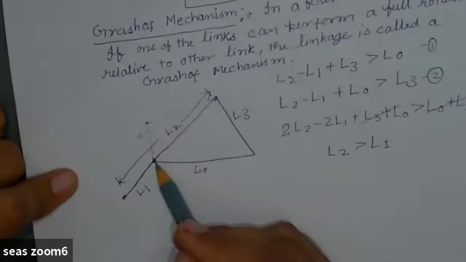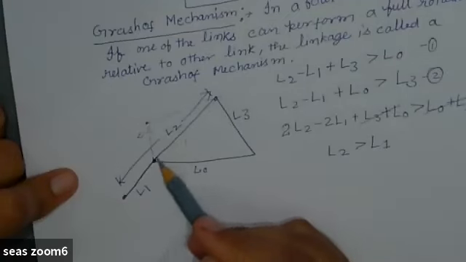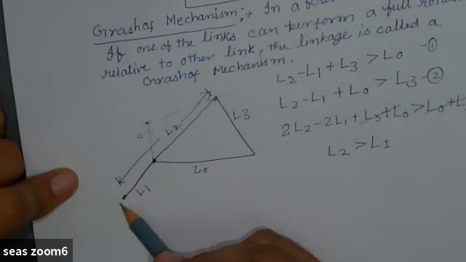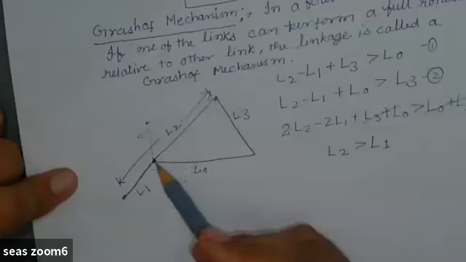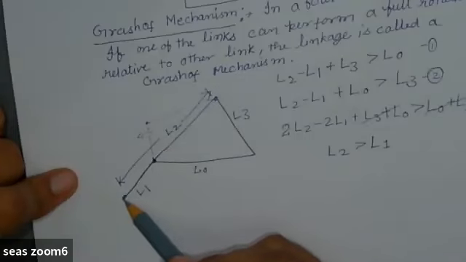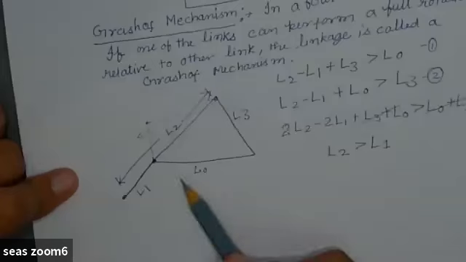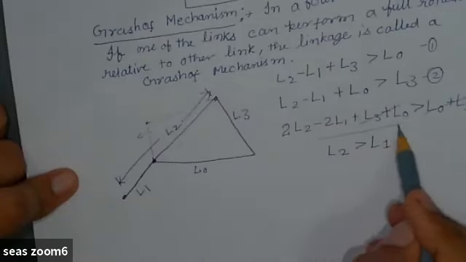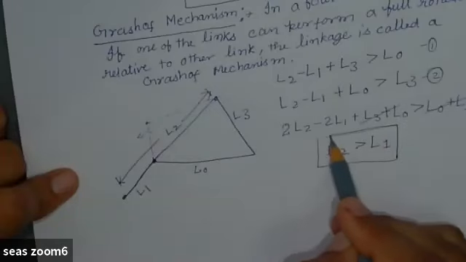Rotation is only possible when this condition is happening. It means that collinearity happens in this limiting condition, and this link L2 can come to this point and this L1 can take a full rotation. This will only happen when L2 is greater than L1.